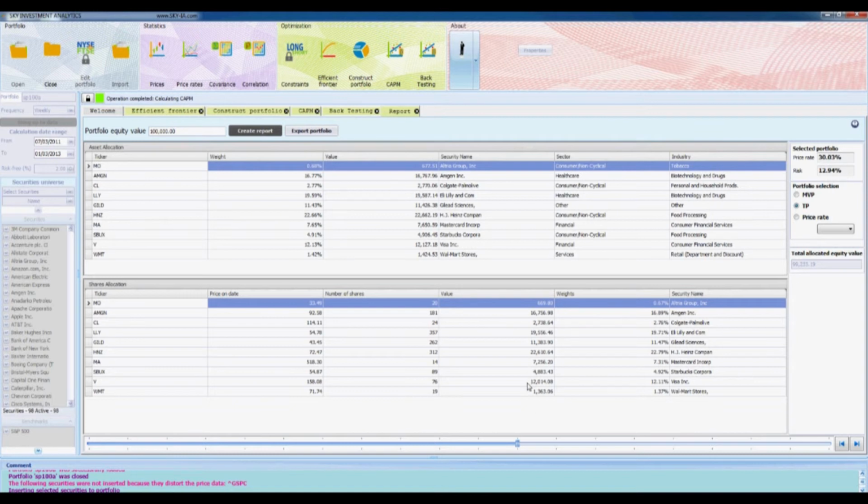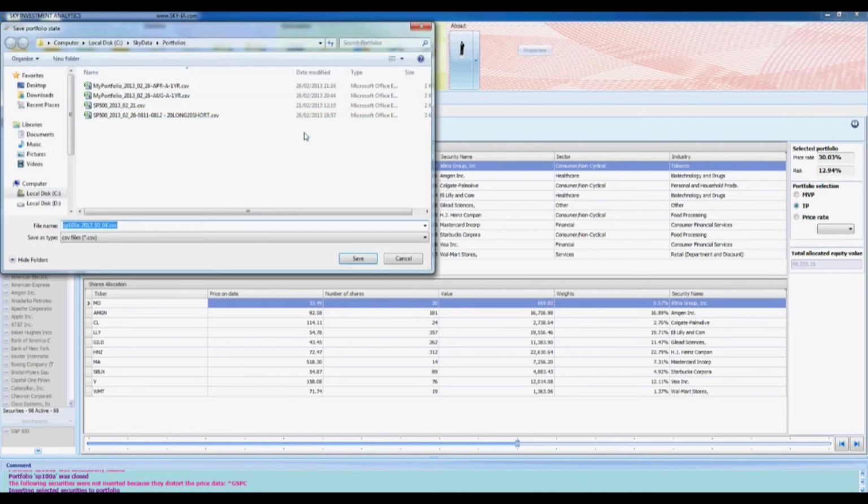This is the value in money that needs to be spent. This is the weight in percent, and this is the security name. The total money that we would invest here is $99,233. That's without fees.